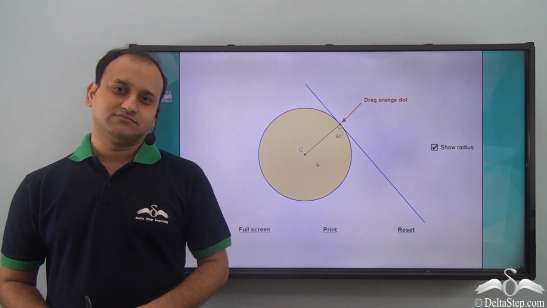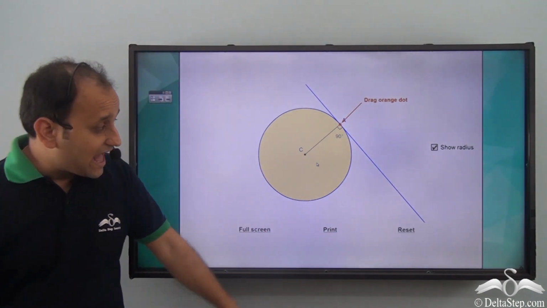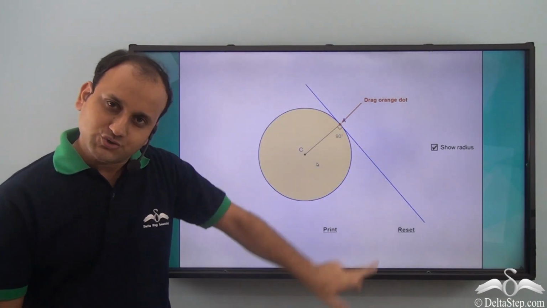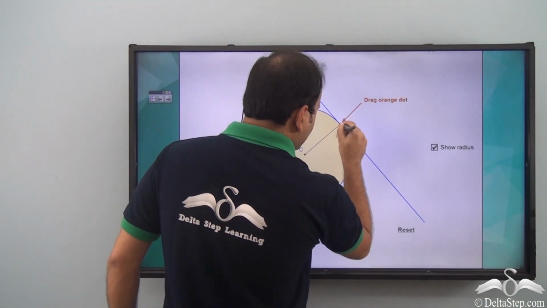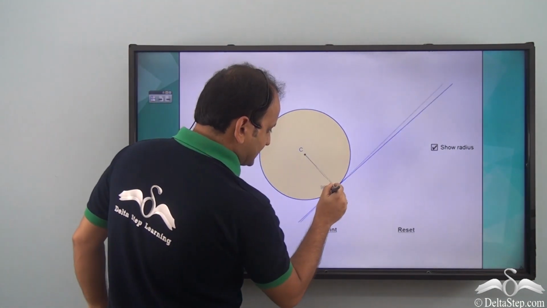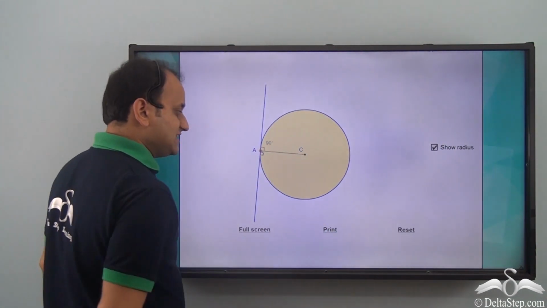What do we have here? Well, we have a circle and we have a tangent to the circle. Now, if I change the point of contact, what do we see?